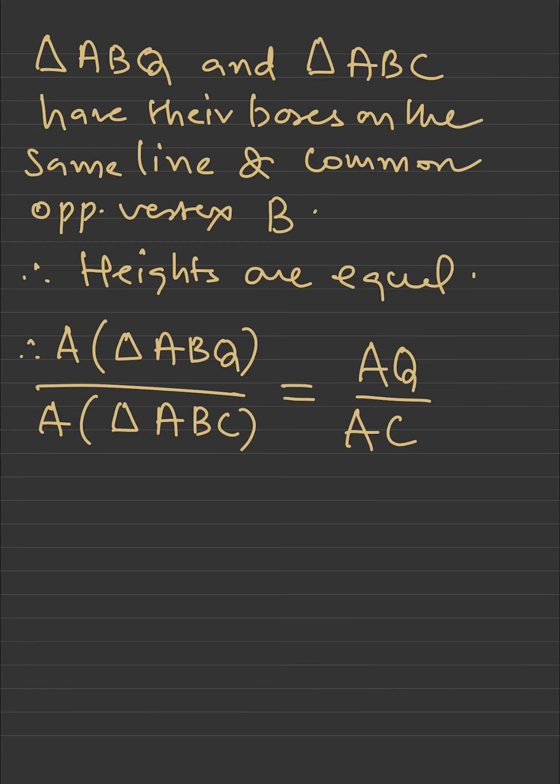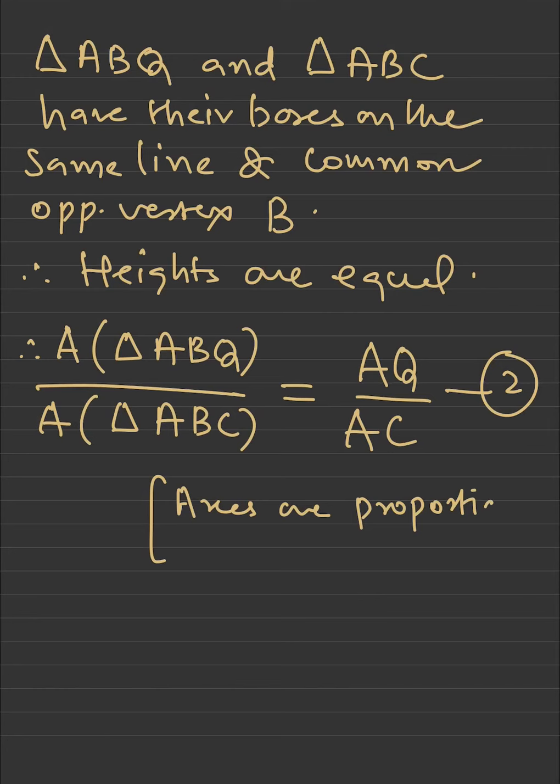You can mark this as step number 2, and the reason is again the same. Areas are proportional, since the heights are equal, so you can say areas are proportional to their corresponding bases. Fine. And the last step, to get the answer, you can say multiplying equations 1 and 2.